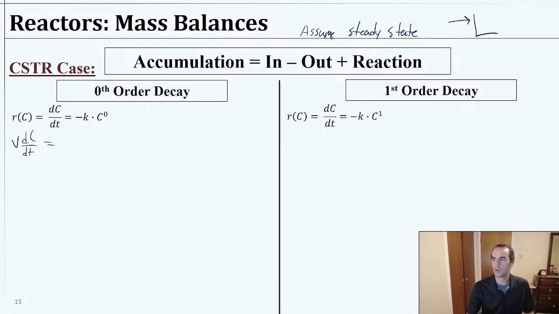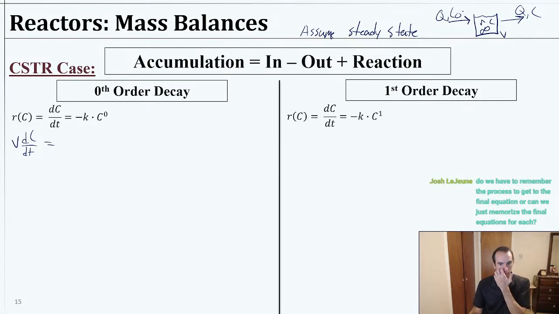So I didn't have a drawing here, so I'm going to draw something to show myself what's happening. We have a flow coming in, a flow going out, some volume, some reaction happening. We have some concentration C. C is also leaving, and some concentration C0 coming in.